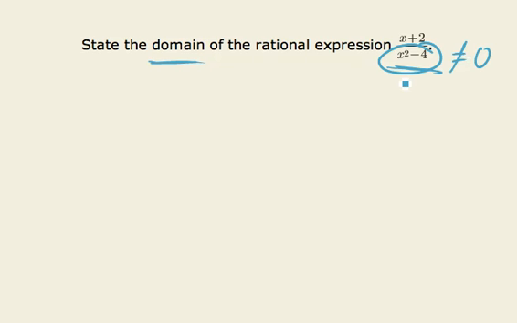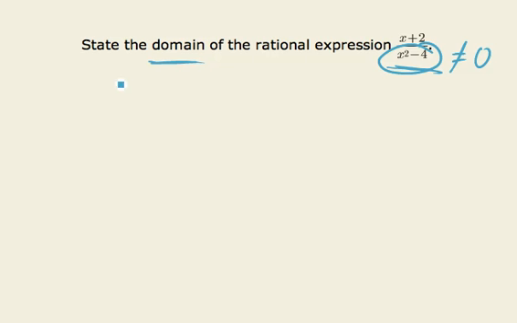As long as the denominator is not 0, I can compute something in the numerator, I can compute something in the denominator, and then once I've computed those two numbers, I can go ahead and divide them, and I get a number out. So my domain is going to be everything where x squared minus 4 is not 0. Whenever that happens, I can do all these computations. I get a number out.